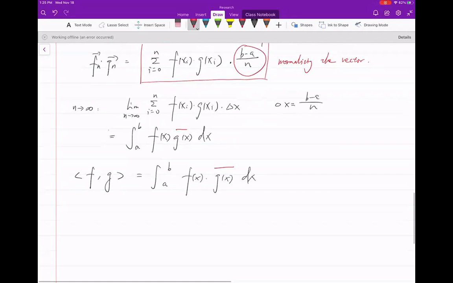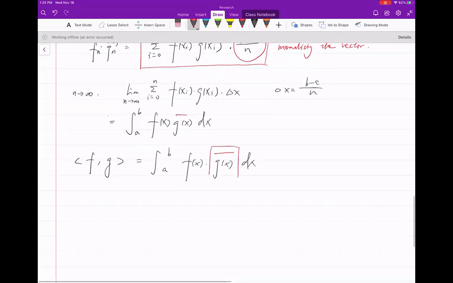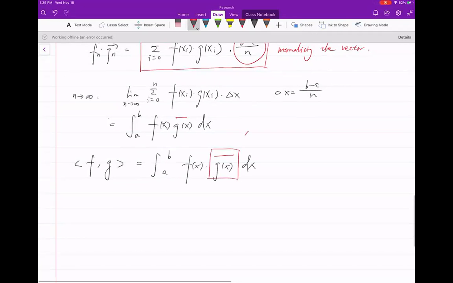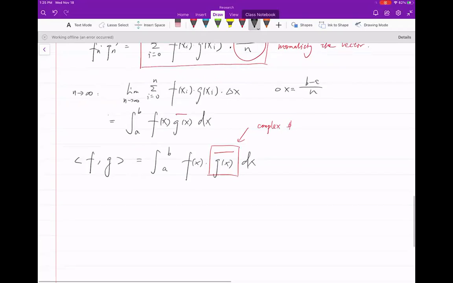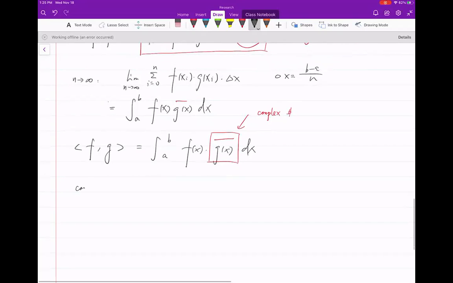That's the only difference we need, because everything we did before was based on real numbers. The bar means the complex conjugate. A plus bi, if you take a bar, it's basically a minus bi. That's the complex conjugate.